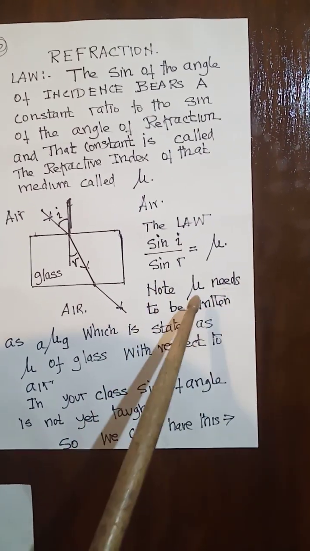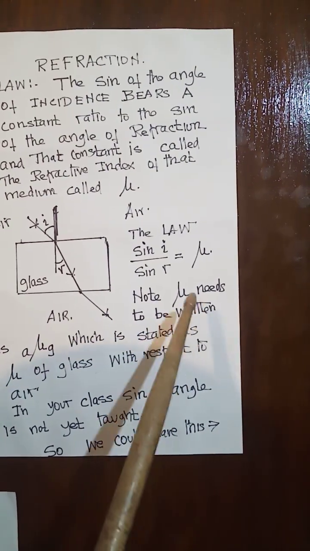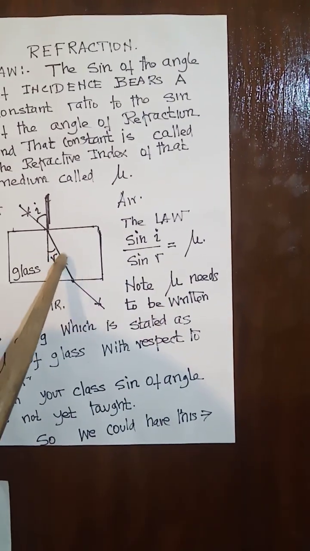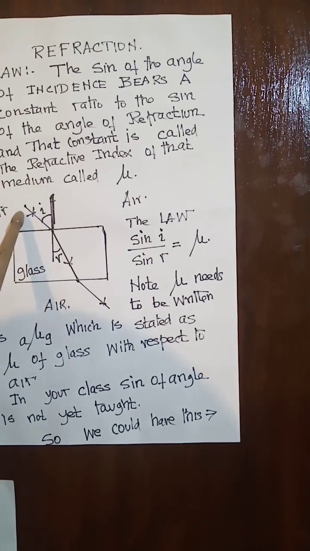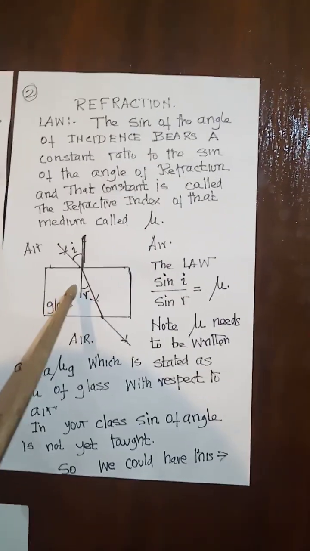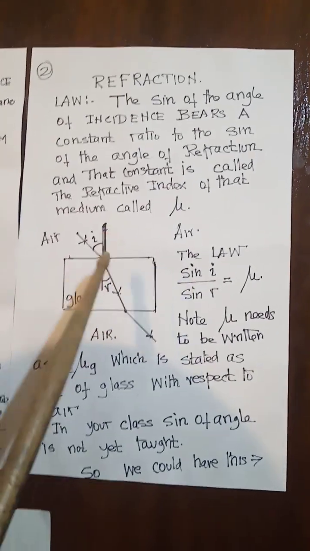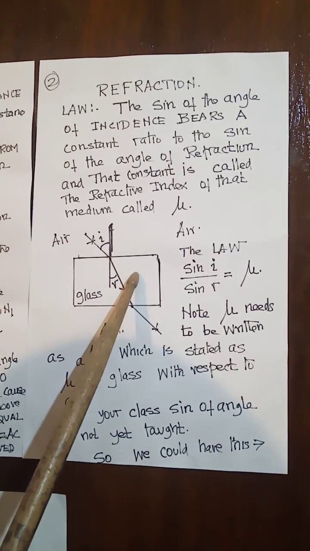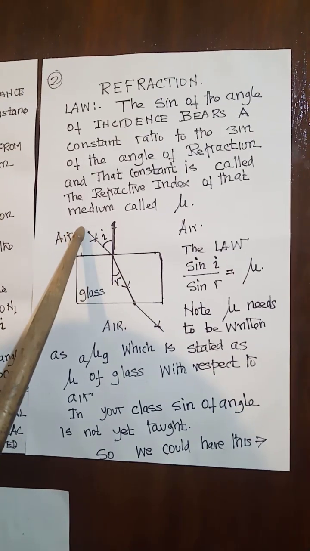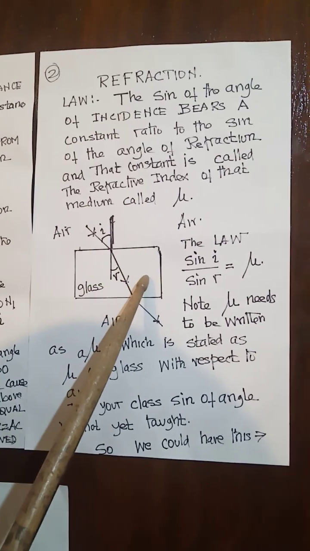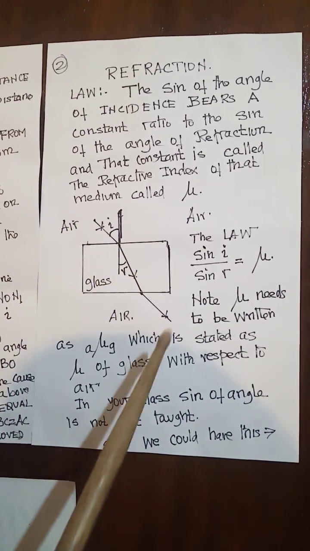Note, mu is to be written like this: mu of glass with respect to air, because we will also do glass and air. This will be glass, this will be air. So glass to air is denser to rarer, but here it is rarer to denser.